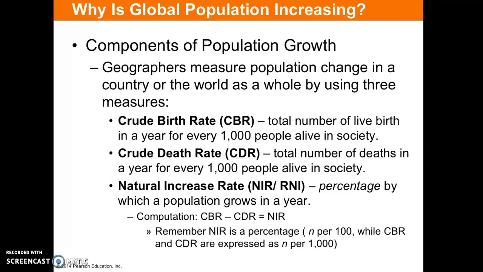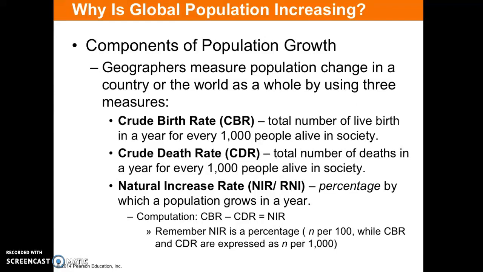And the crude death rate is the total number of deaths in a year for every 1,000 people alive. So crude birth rate, crude death rate, they're each going to be per 1,000 people. So hopefully all they'll give you is crude birth rate or crude death rate. You shouldn't have to switch back and forth from crude birth rate to a percentage. But if it happens, I'll go over how to calculate that with you in class.